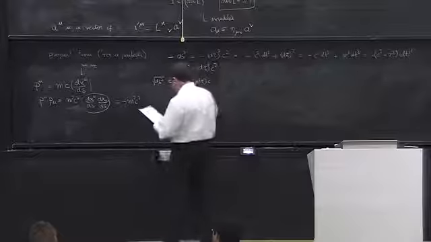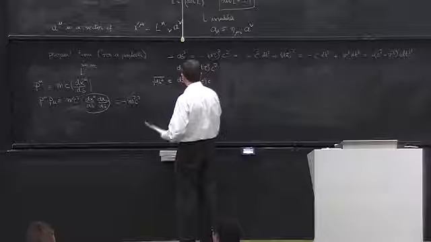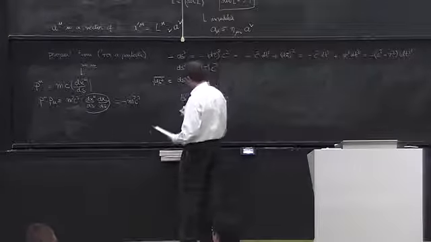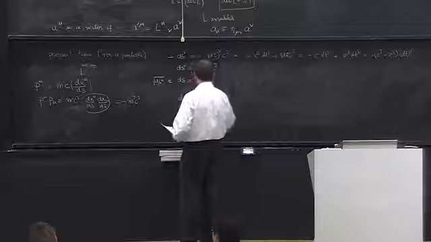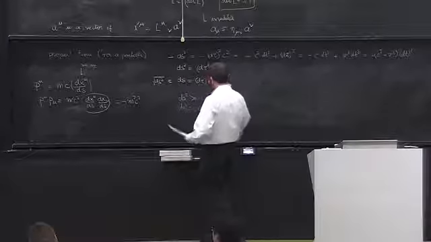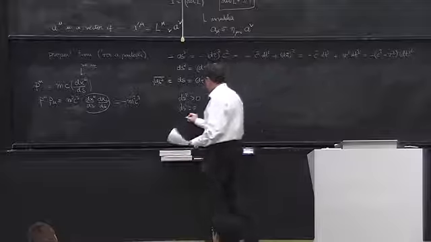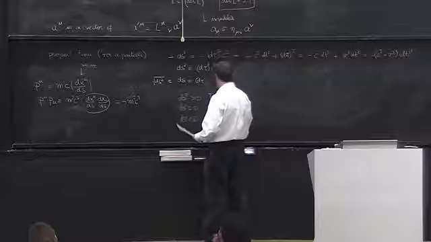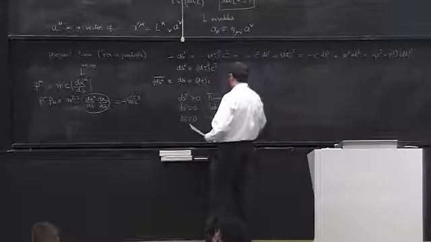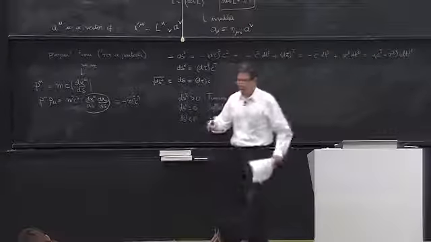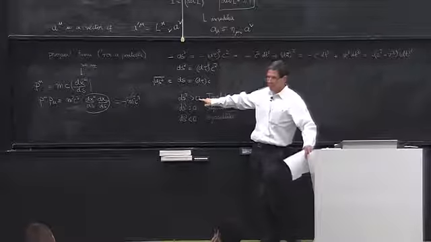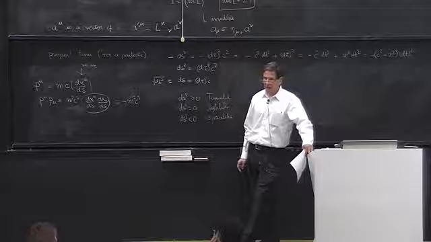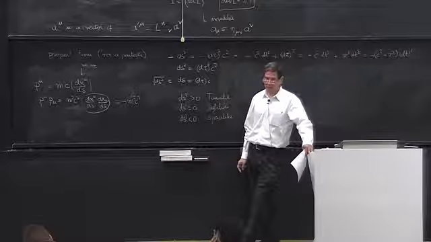The intervals notation: ds squared positive, we call it time-like. ds squared 0, we call it light-like. And ds squared negative, we call it space-like. The intuition: you at the beginning of the class and you at the end of the class are defining a time-like interval.